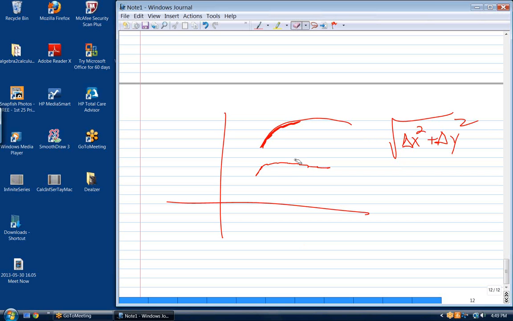Each straight line is basically the hypotenuse of a triangle, and the hypotenuse of that triangle is going to be the square root of the change in x squared plus the change in y squared. So all of a sudden we have a delta x and a delta y, where essentially you can think about integrating to find arc length as integrating along the x and the y axis.